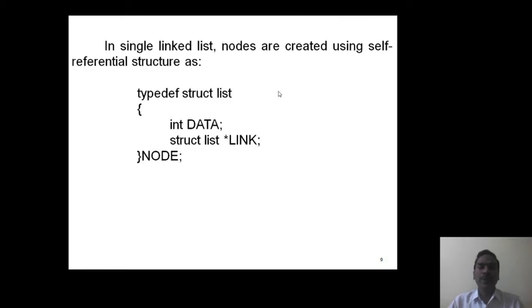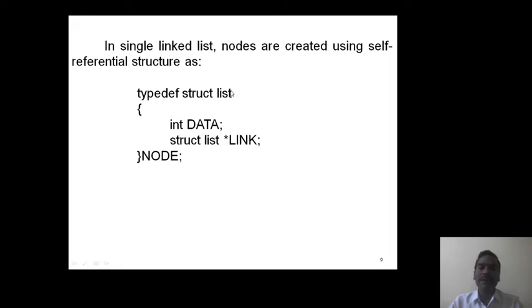To implement these operations from the linked list point of view, first we design the node structure format. For this, we use the self-referential structure concept: typedef struct list open brace. Now we place these two members: int data; struct list asterisk link. Now end curly brace.